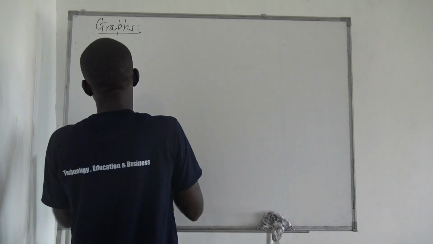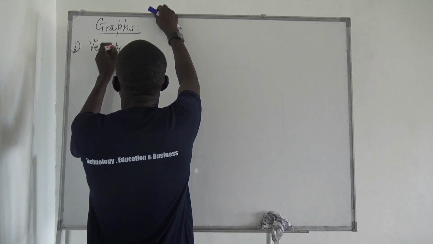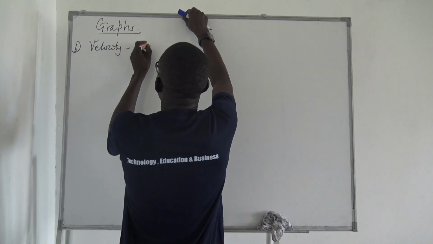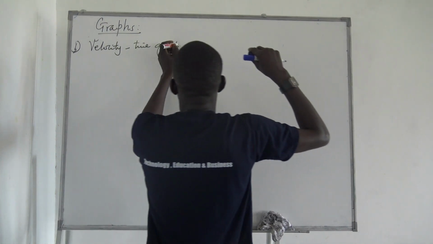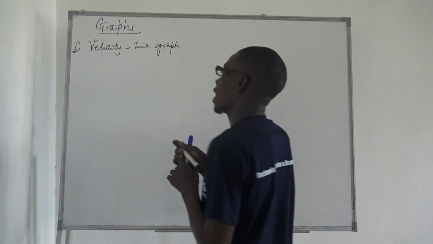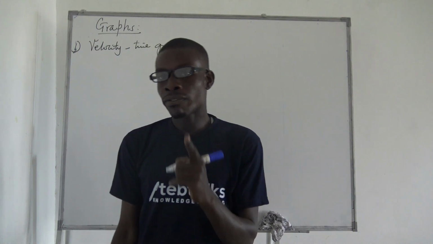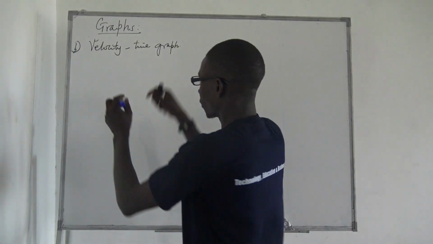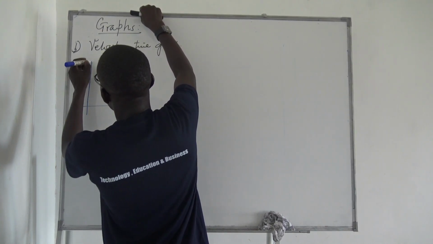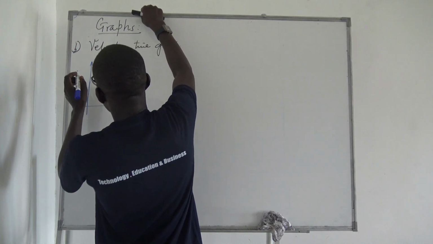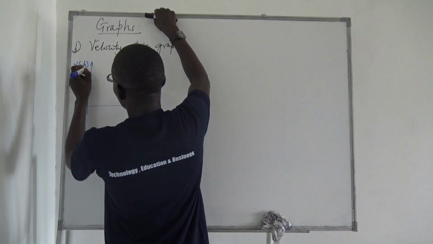We say part B. Velocity time graph. Let's see what happens under velocity time graph. I have this, and I can have my time. Now here is V in meters per second.